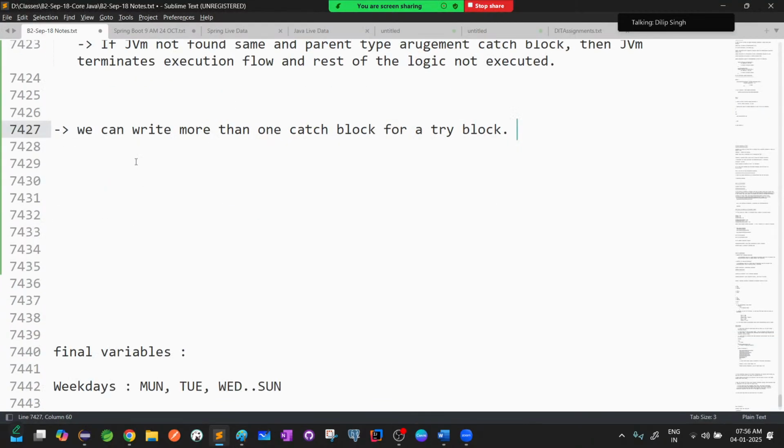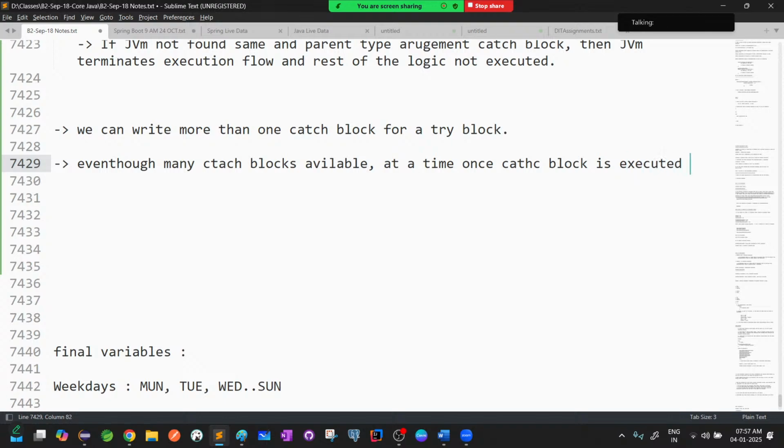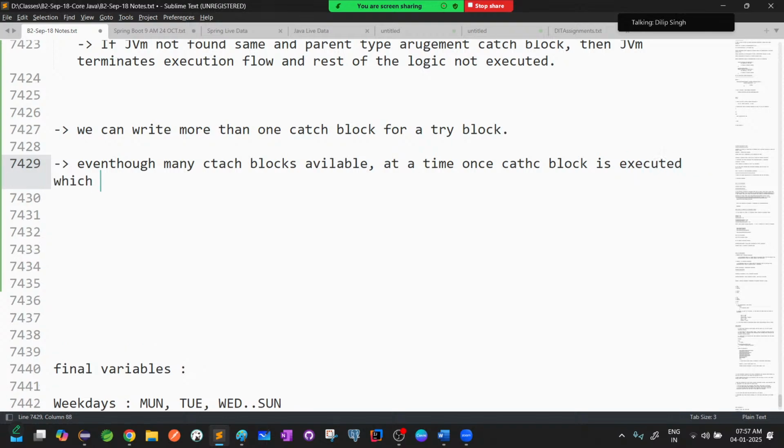So what is the point you have to understand here? Even though many catch blocks are available, at a time only one catch block is executed, which is associated to the exception that occurred from the try block logic.